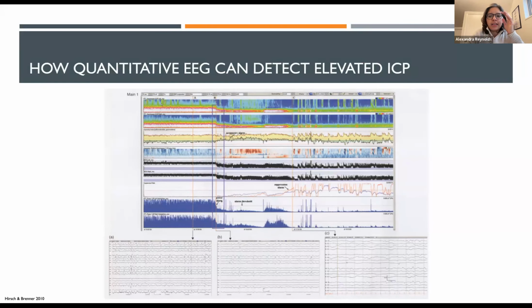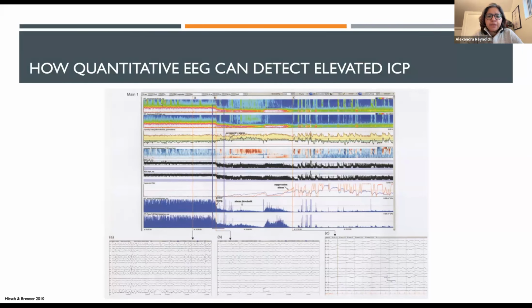But certainly this is something where you don't necessarily need to be trained in how to interpret EEG in order to interpret quantitative EEG. And so I think this is where TCDs probably should be going soon. But this can be a very helpful tool at the bedside to identify when there is an issue.